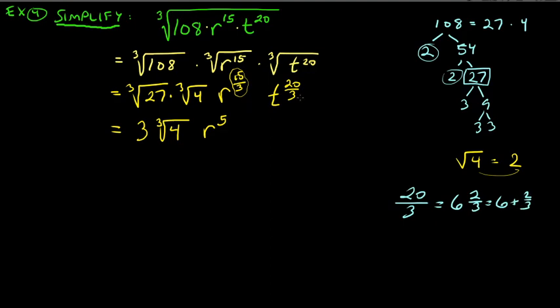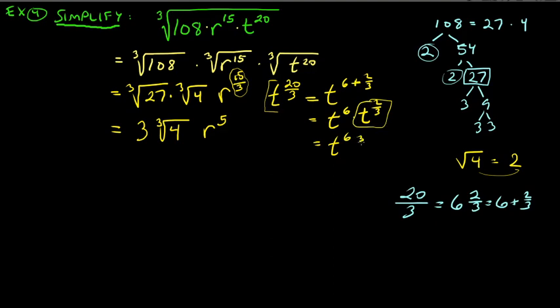So this part here is going to become t to the power 6 plus 2 over 3, which is also t to the power 6 times t to the 2 over 3. And now convert this back to a radical, right?